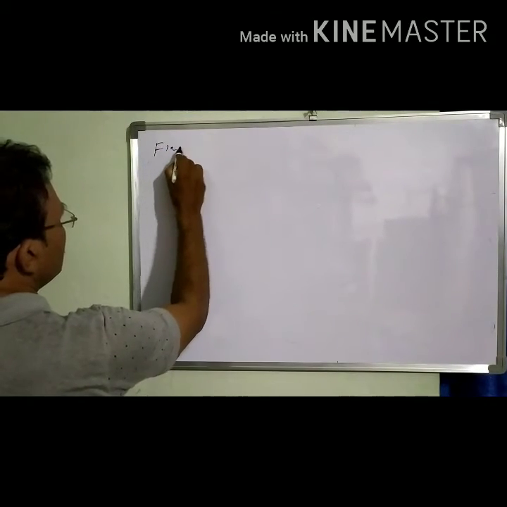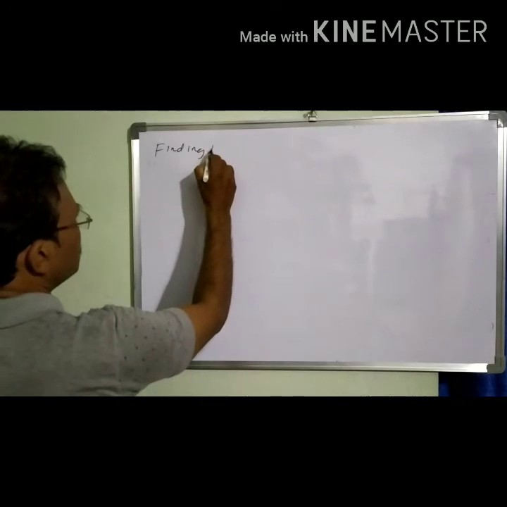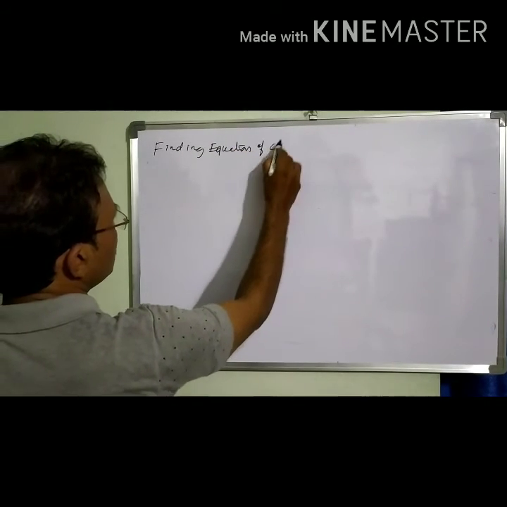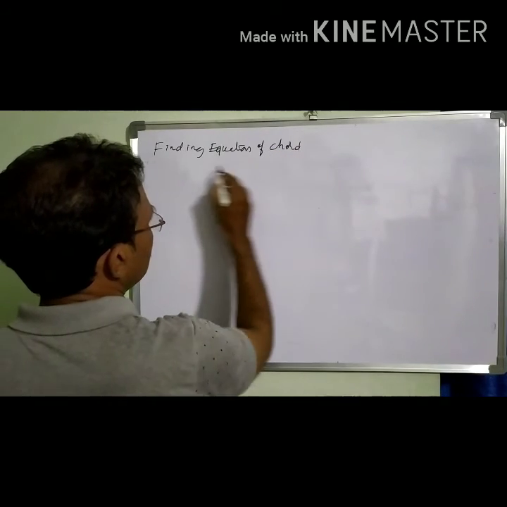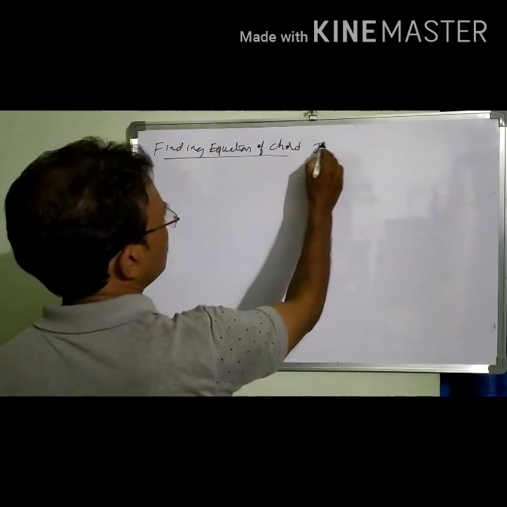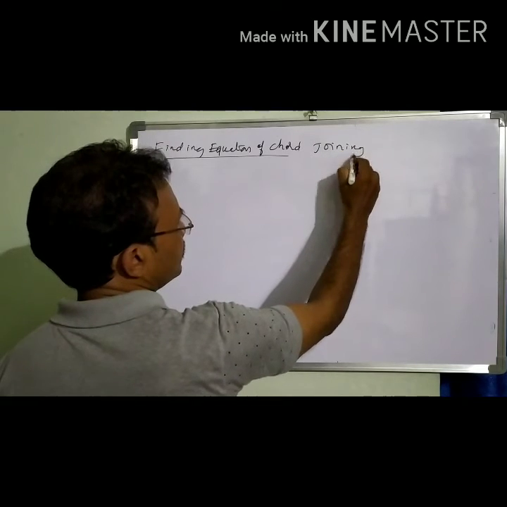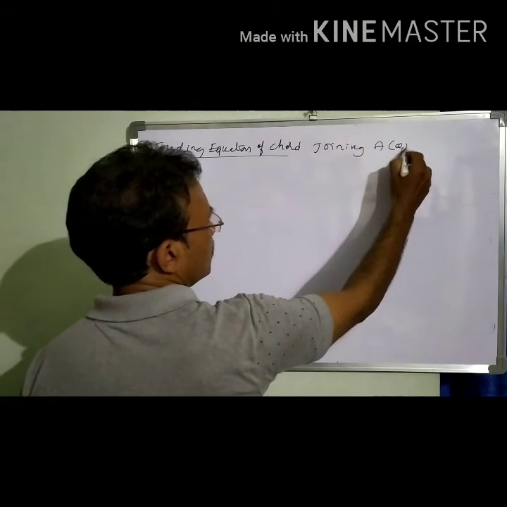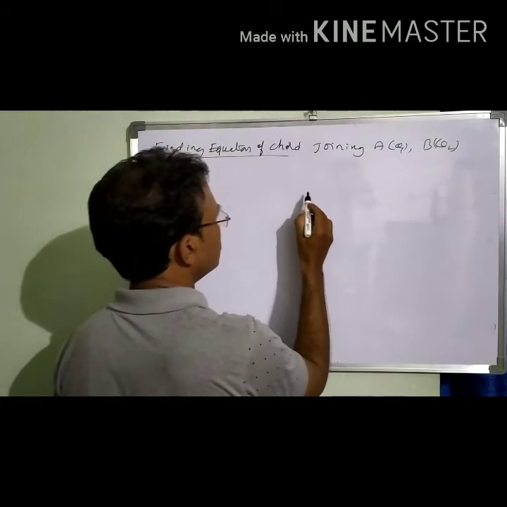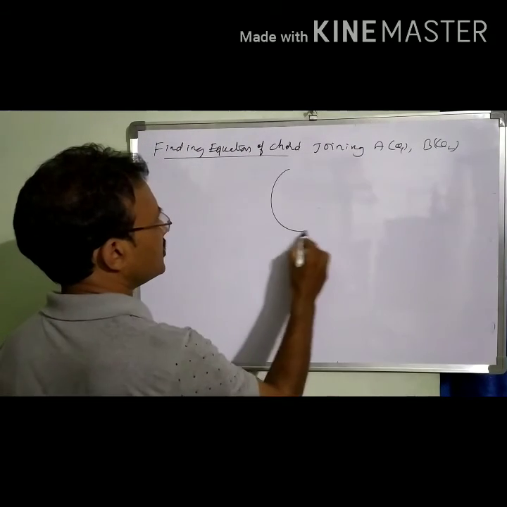Finding the equation of a curve. Joining a theta 1, comma b theta 2. Suppose it is a circle.